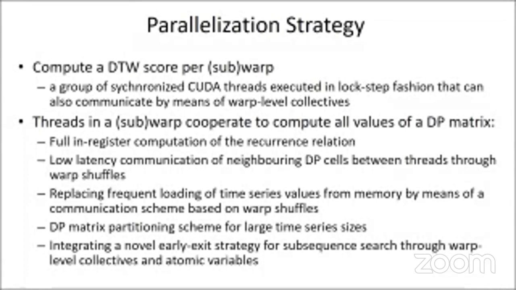We also replace frequent loading of time series values from memory by a communication scheme based on warp shuffles. And to support arbitrary time series lengths, we have a partitioning scheme. In addition, we have an early exit strategy based on warp level collectives and atomic variables for subsequence.